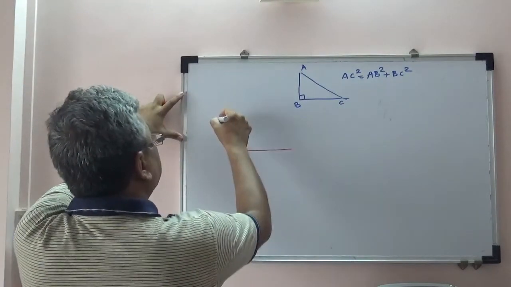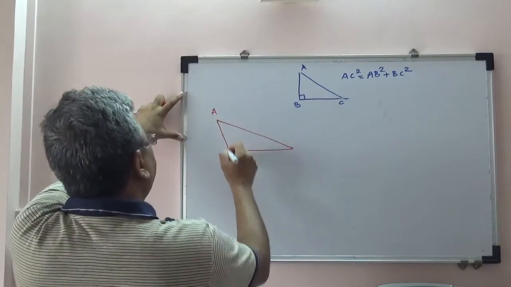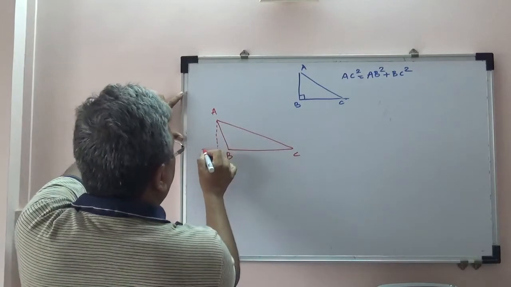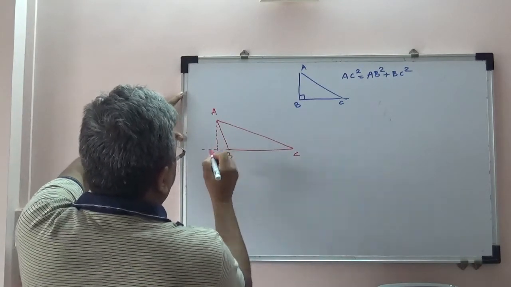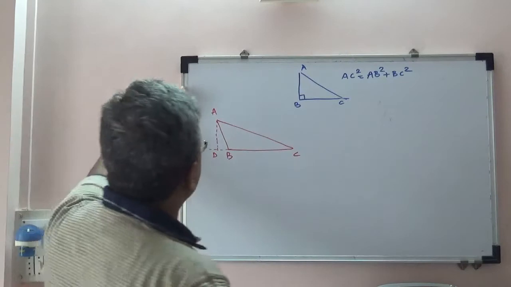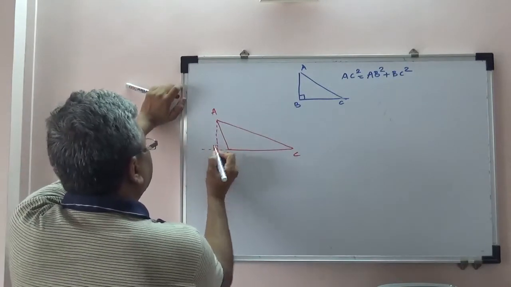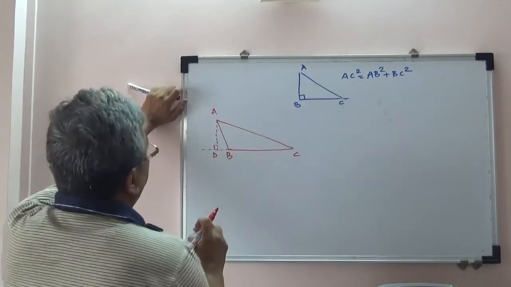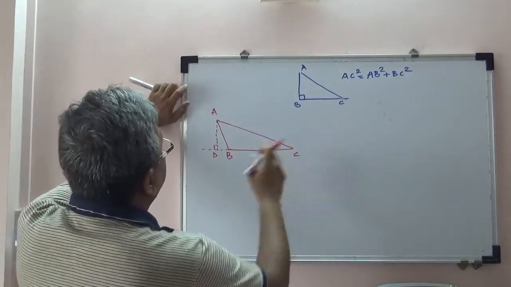However, I will give you the starting point: A, B, C, drop a perpendicular from A. Now because it is an obtuse angle, the perpendicular is going to be outside BC. This is 90 degrees, and that is how we have rotated it outside so that we get AC square bigger.